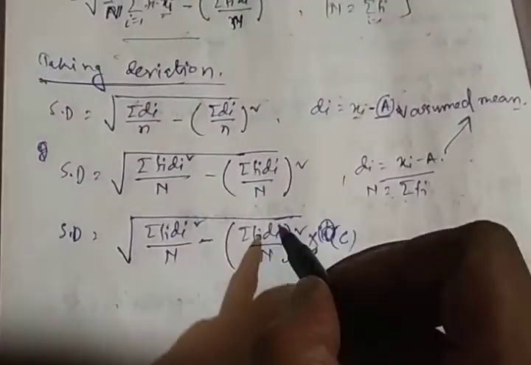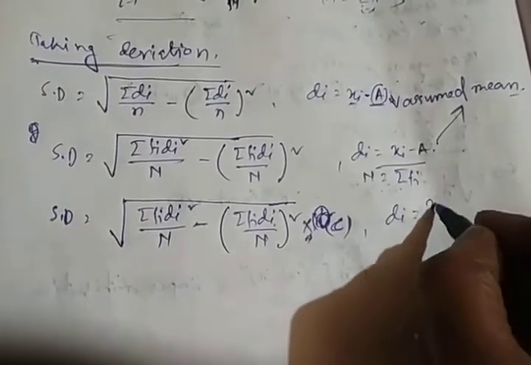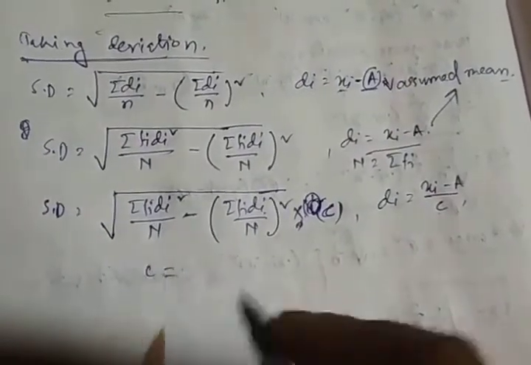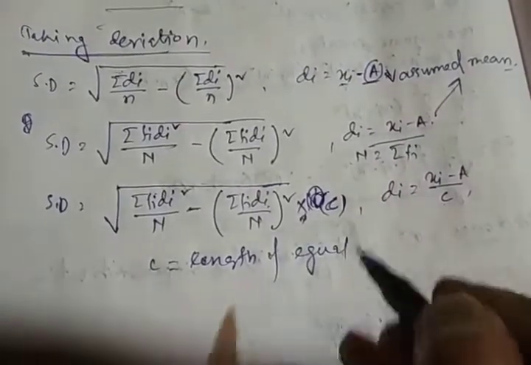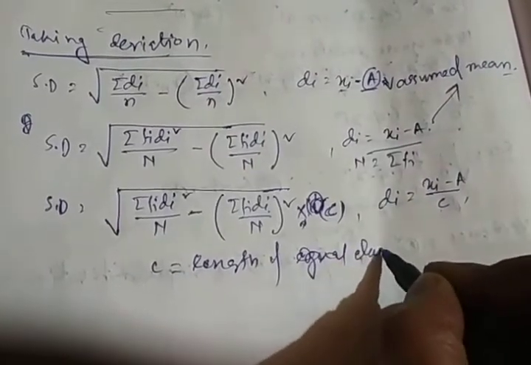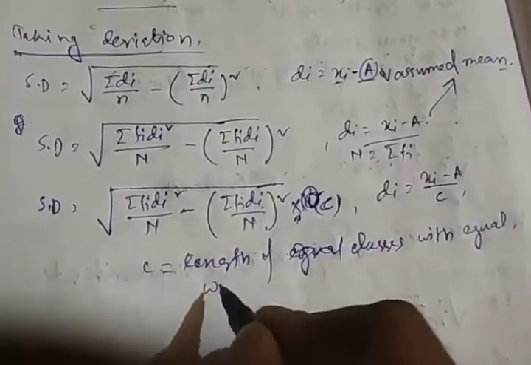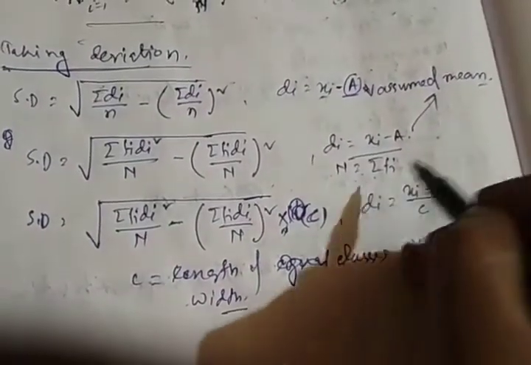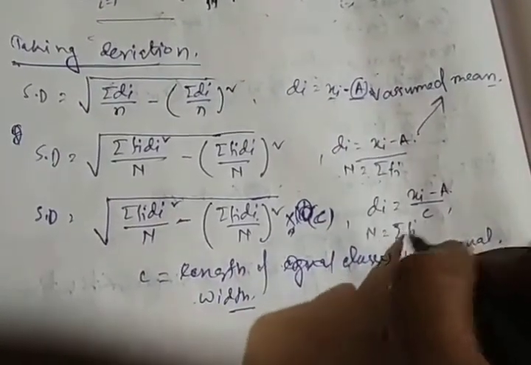Then di equals (xi minus a) divided by c, where c is the width of the classes, and a is also the assumed mean.